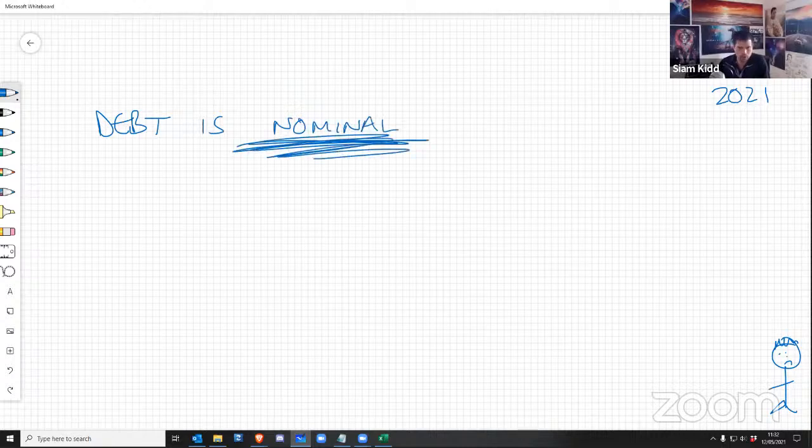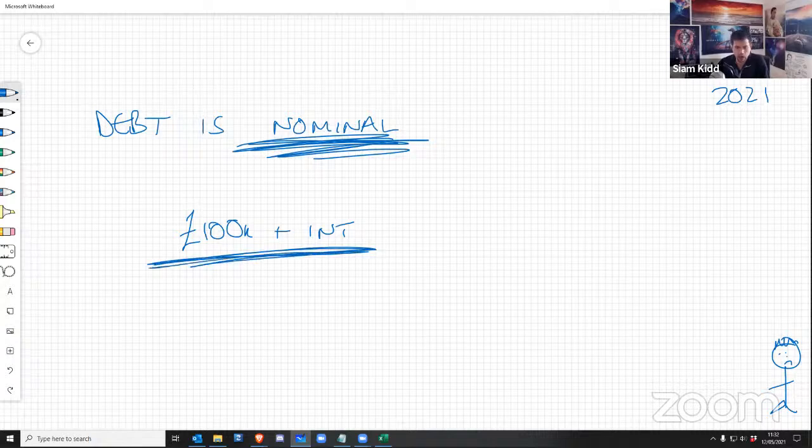Debt is nominal. And what I mean by that is if I borrow £100,000 plus interest, that is all I owe. £100,000 plus interest.